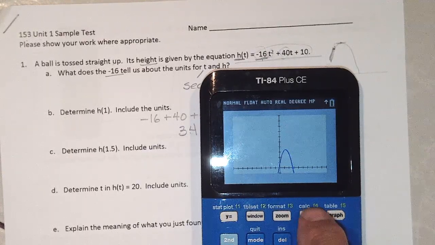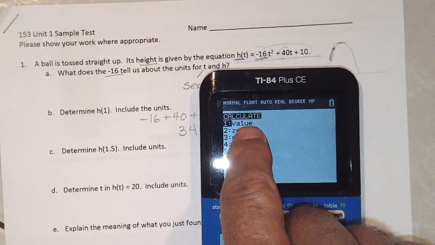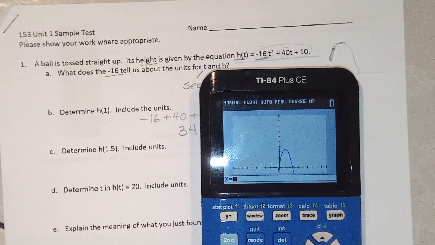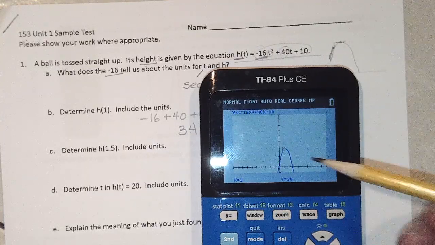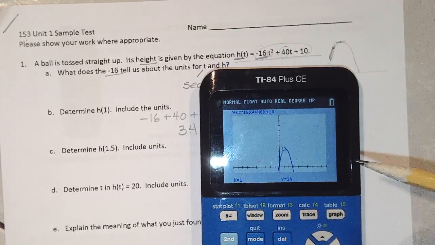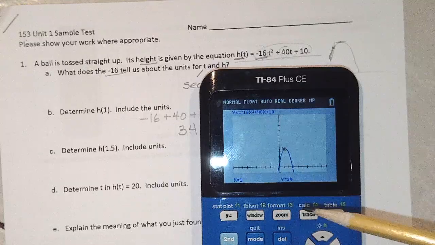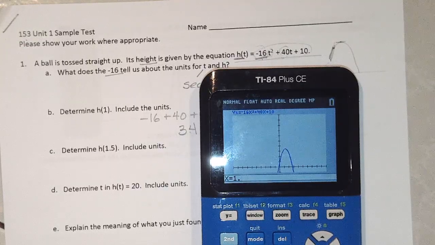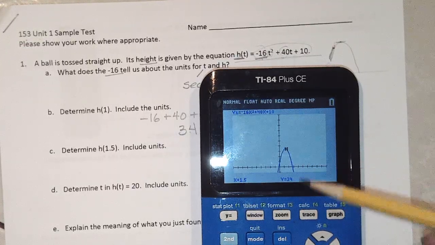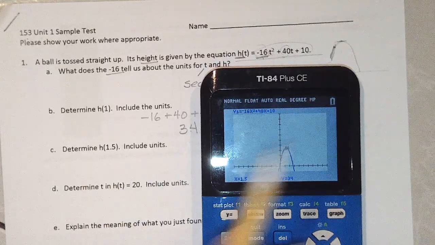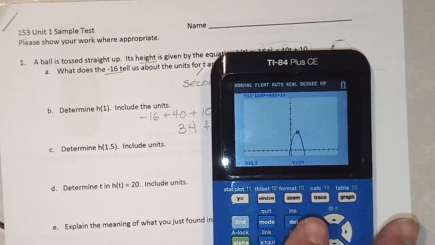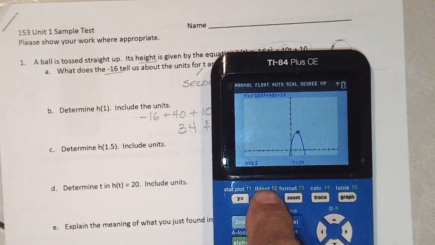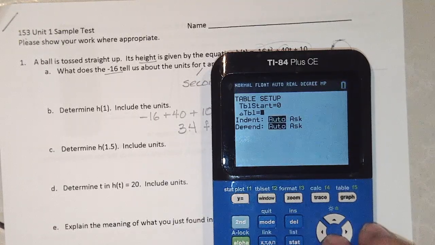Let's check. Second, calculate the value at 1 second. And it says it's at 34 feet. And if I'm in this check the value, I could actually go 1.5 seconds and say, how high is it? And it says 34 again. Or I could go second table set and turn the independent variable on ask.